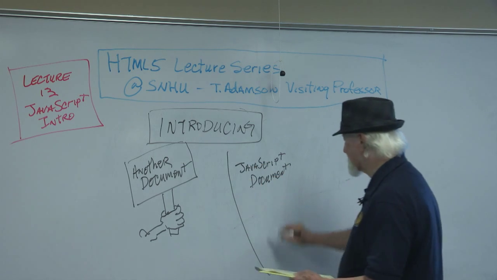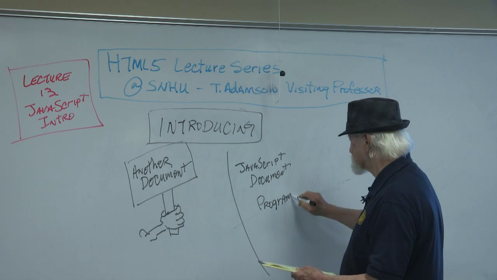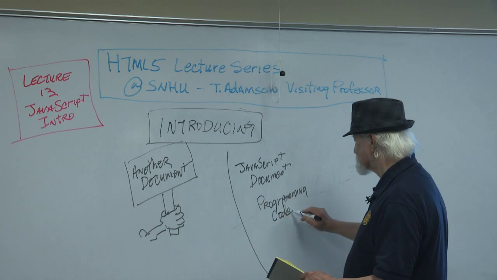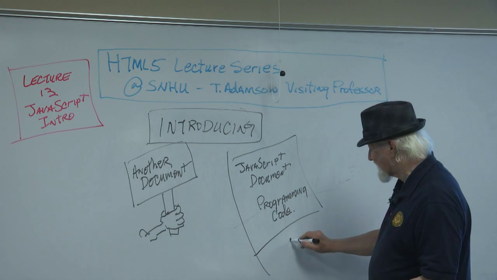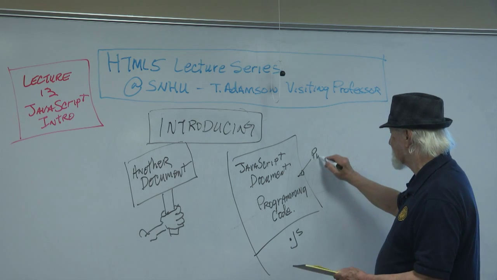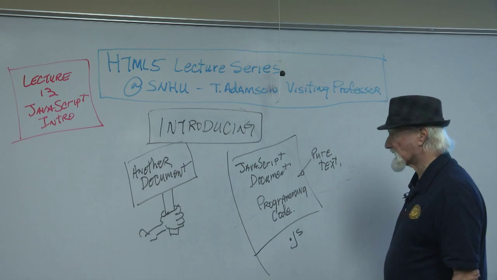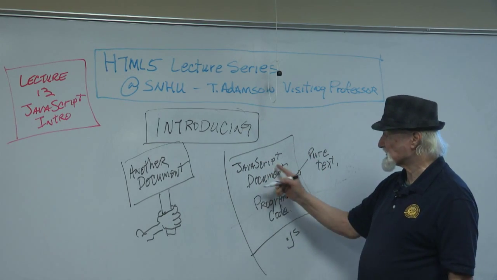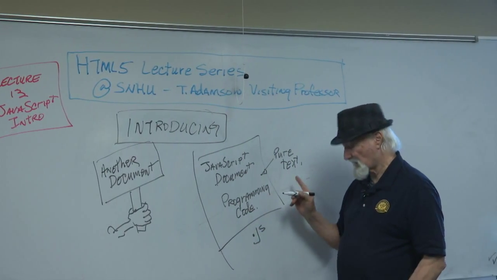And the JavaScript document has programming code. And the extension for it is .js, and this is pure text. It can be written in a simple text editor. So this is the third document that we're introducing in this lecture, which is a JavaScript document which contains programming code, and it has the extension JS.